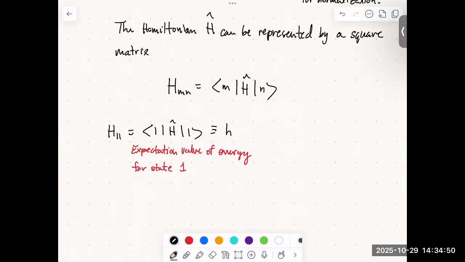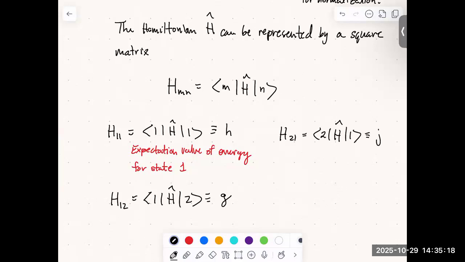And then we keep going and we say, okay, if I wanted the 1, 2 element, row 1, column 2, I would do 1 H hat 2. And again, we don't know what that is, so we'll just call it G. H21 is going to be 2 H 1.